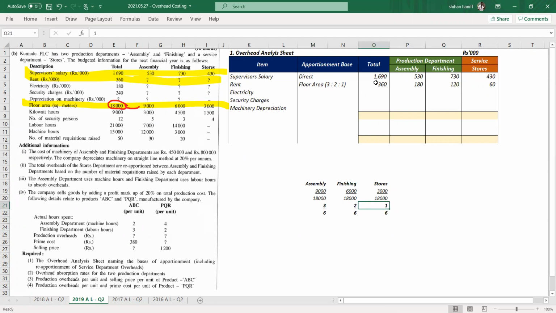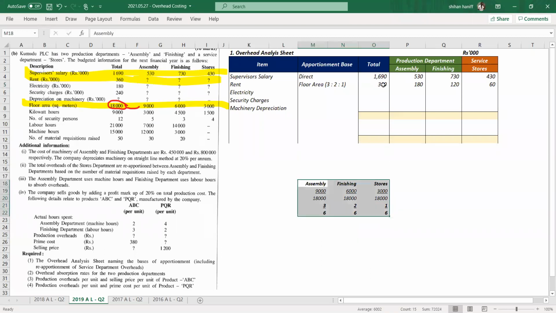If the total amount is 360, for the assembly you have to calculate 360 into 3 over 6. Then for finishing, you have to calculate 360 into 2 over 6. And for the stores, you have to calculate 360 into 1 over 6.